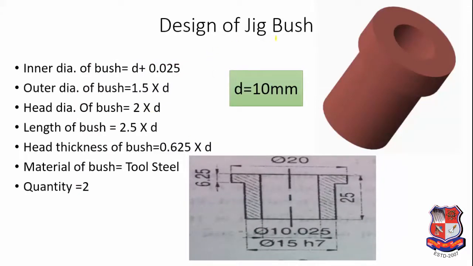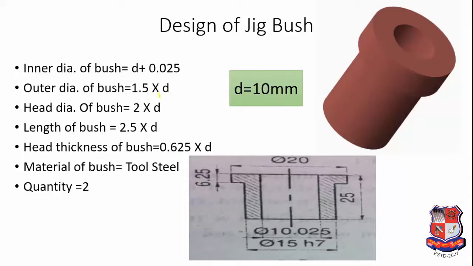To design jig bush we have 5 equations, that is of internal diameter of jig bush, external or outer diameter of bush, head diameter, head thickness and length of bush. So equation of inner diameter is d plus 0.025 mm, where d is 10 mm. 10 mm is the hole we want to drill with the help of angle plate jig.